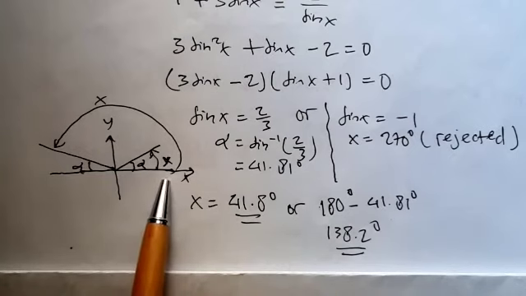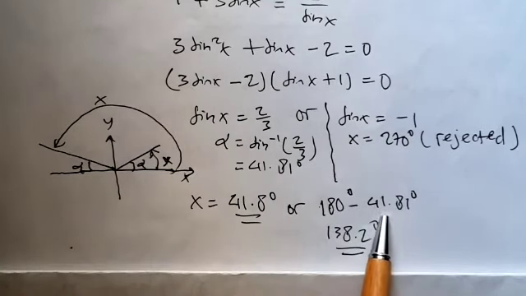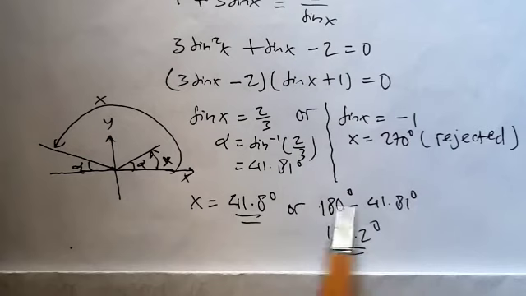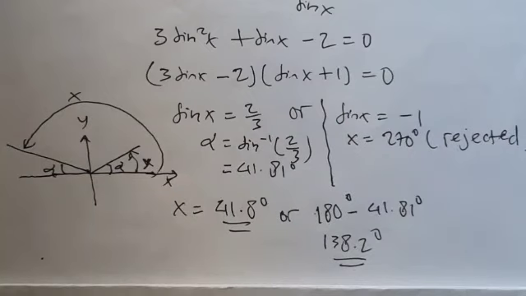The second x is 180 degrees minus 41.81 degrees, that is 180 minus the basic angle, which is 138.2 degrees, accurate to 1 decimal place.